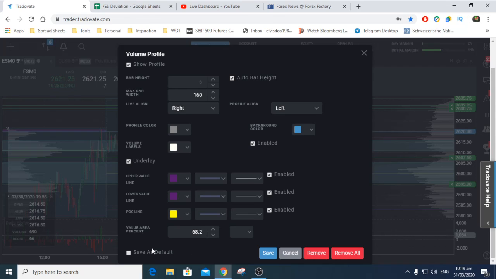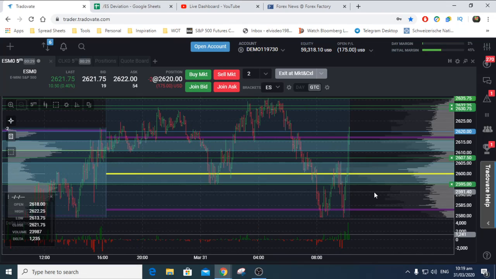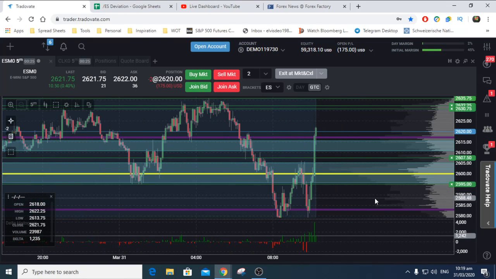That's why I use 68.2. There's little small differences, so I just try to modify it a bit.